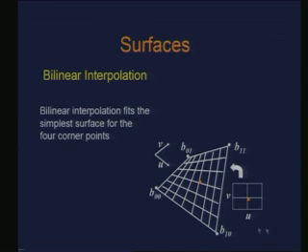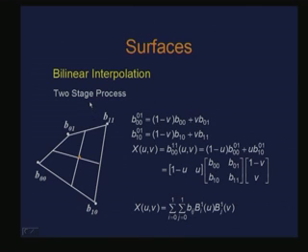So, if I consider some parametric domain u v, a rectilinear parametric domain, then I can use the same concept as linear interpolation and generate a bilinear surface, which is to say that I have a 2 stage interpolation process. I can decompose the problem into a 2 pass linear interpolation. So, I have these 4 points.